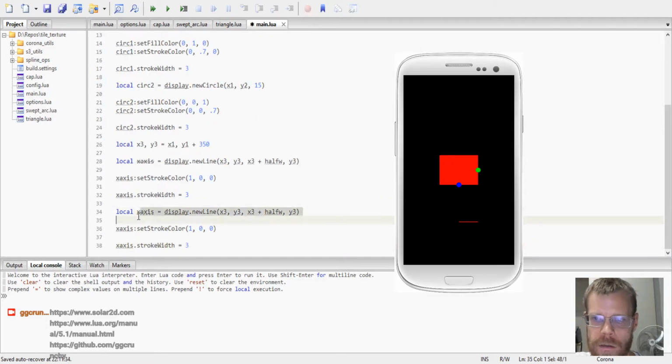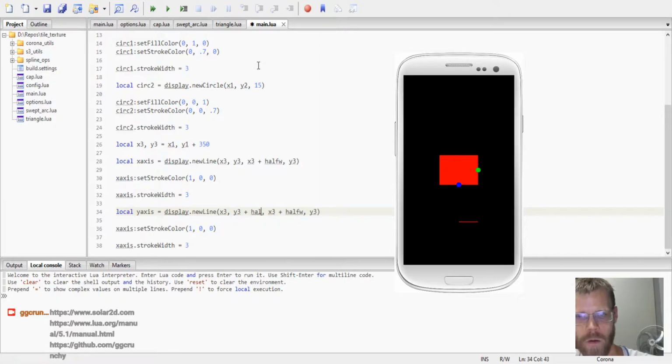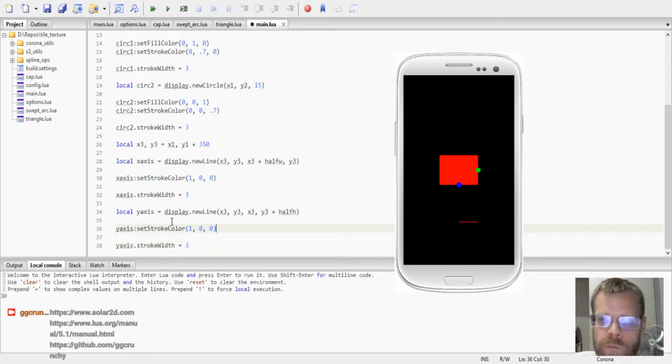And we'll do one for the y-axis. In this case, it's x3 we want to keep the same, but we'll go half height. I don't know what colors we really want for these, but I'll vary that up too.